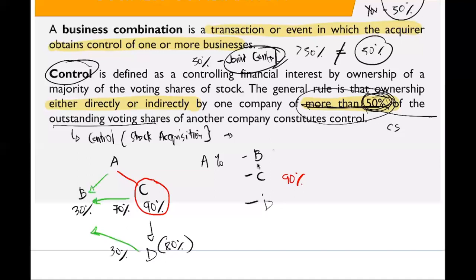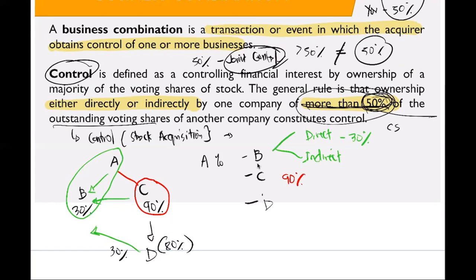For B, we have a direct ownership of A to B at 30%. Next, we have indirect ownership, which is 70% of C to B and 30% of D to B. Actually, the percentages are more than 100% already.